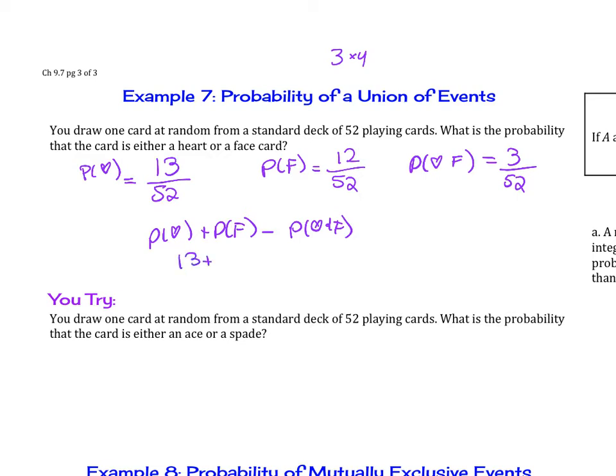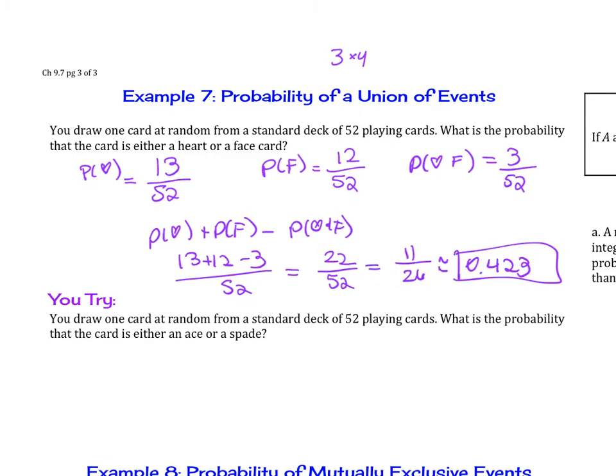So this is 13 plus 12 minus 3 over 52. That's going to be 22 over 52, or 11 out of 26, and that is approximately 0.423.